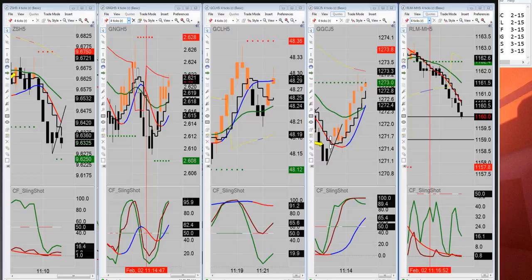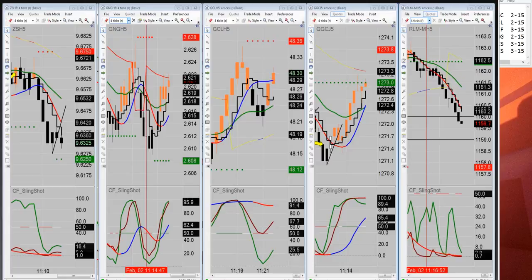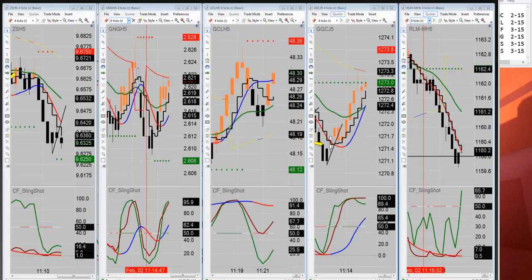And then we pop back up, get another 8 on the short side. Stop out on the short side. We head back to the long side, get a stop out, a plus 8, and we got nothing right now. We could end up with another stop out if this thing doesn't move in our favor.